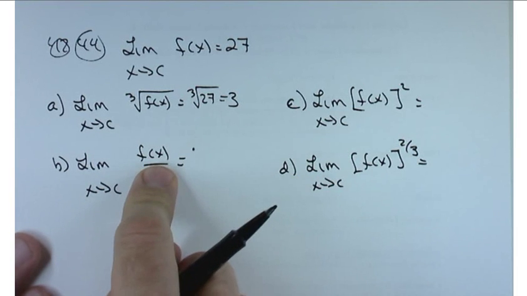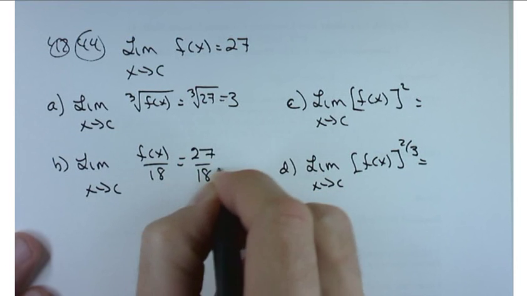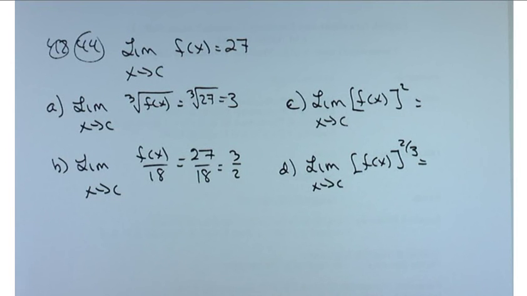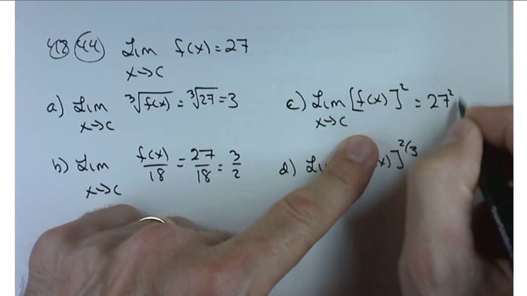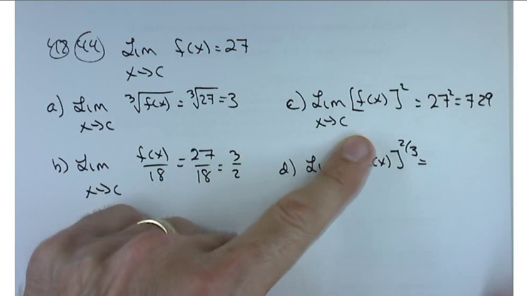So it's really, yeah, 27 divided by 18 in lowest terms is 3/2 or 1.5. Cool. Thank you. Jack, what's 27 squared? Good. 729.